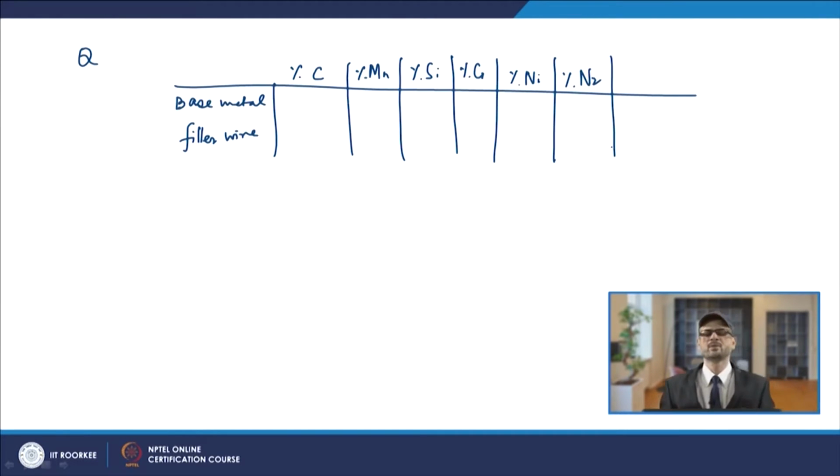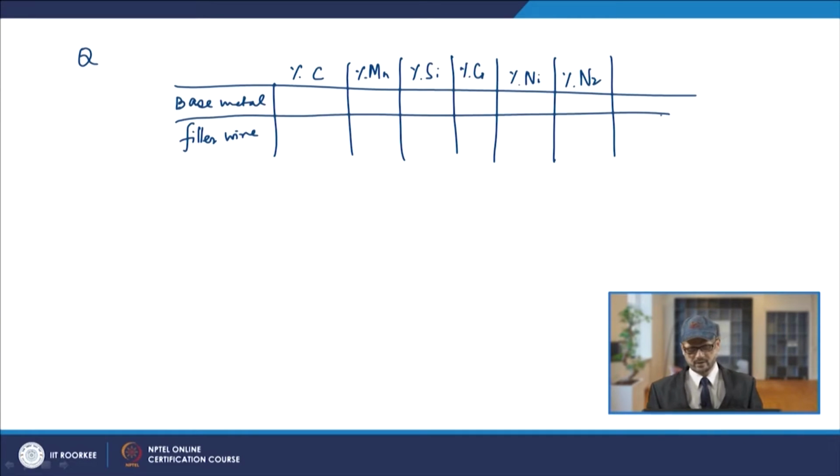As you know, when nitrogen is present, we use the DeLong diagram. For carbon, the base metal has 0.15 and the filler wire 0.05. For manganese, the base metal has 10 and the filler wire 2.